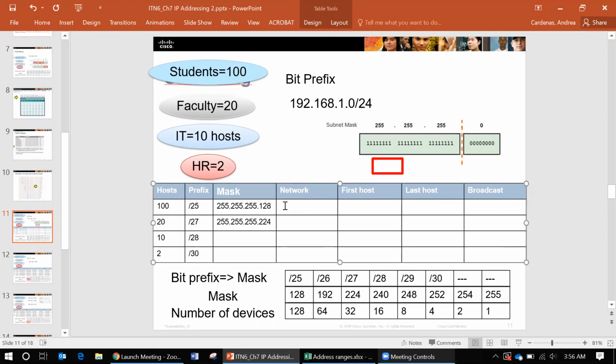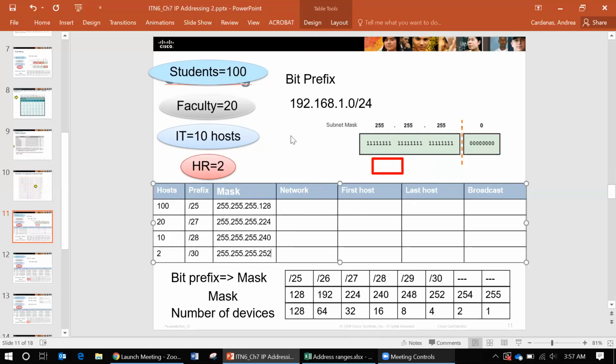So we put 224. Same thing for /28. We know we have all ones. And then the last octet is 240. A /30. Again, we have 24 ones. And then we have 6 more. And that will give you a 252.